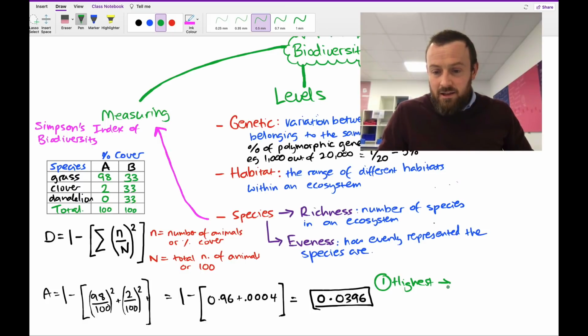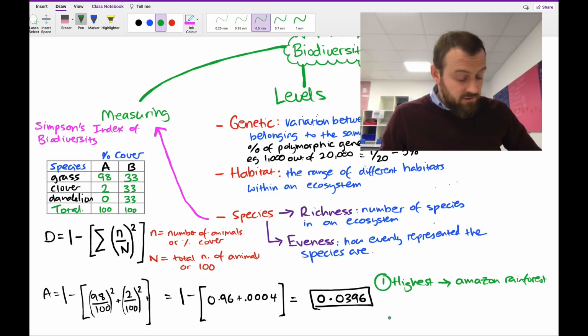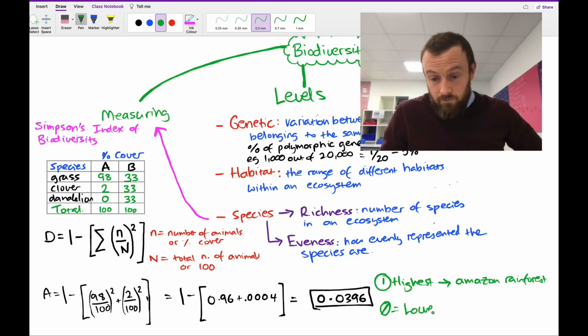Something like the Amazon rainforest would have a Simpson's biodiversity index approaching 1, probably wouldn't even be 1, or a coral reef somewhere, something like that. And 0 is the lowest. Now this field here was pretty close to 0, but something with 0 would be like a monoculture crop field.